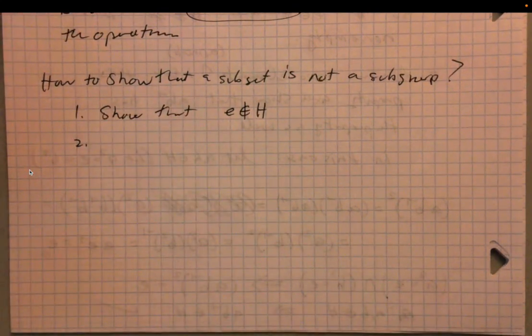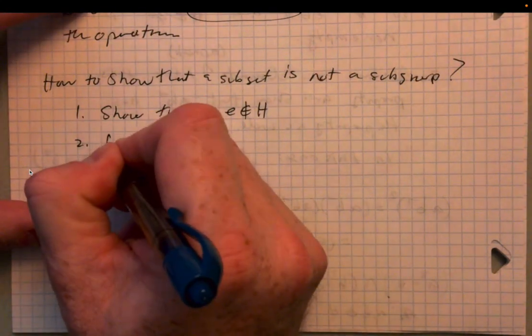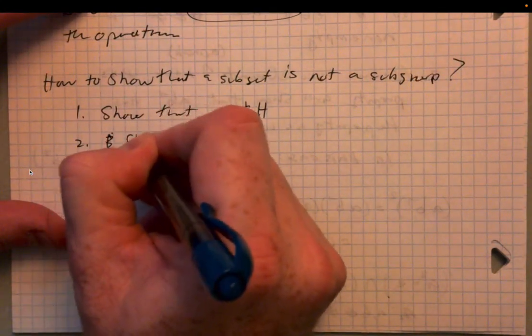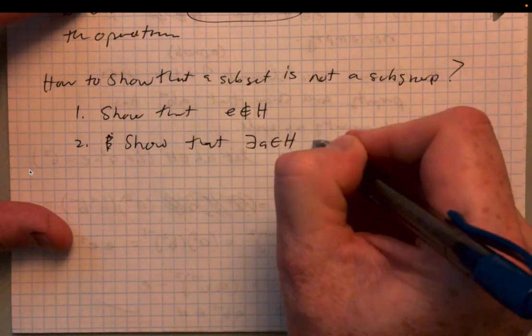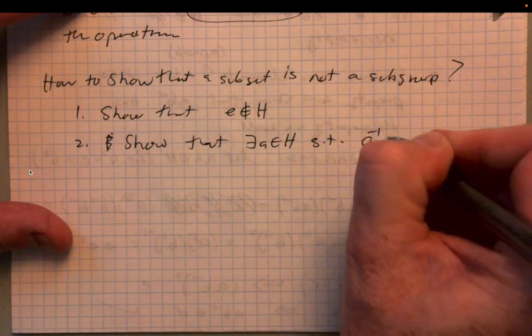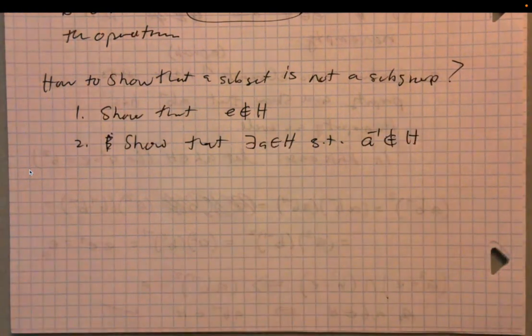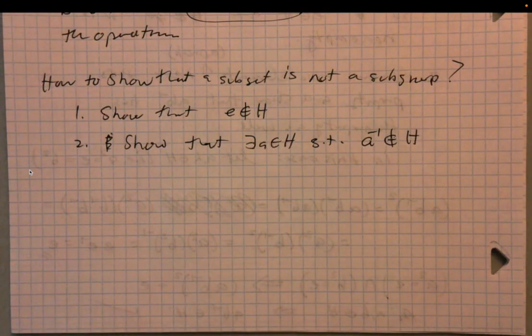Another option is to find an element whose inverse is missing from the subset. So you could show that there exists an A in H such that A inverse is not in H. You could find some element that's in the subset whose inverse is not.